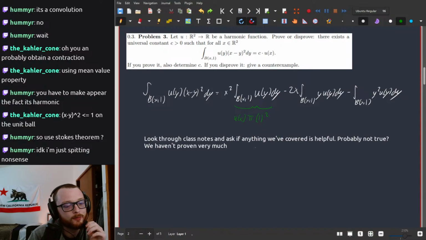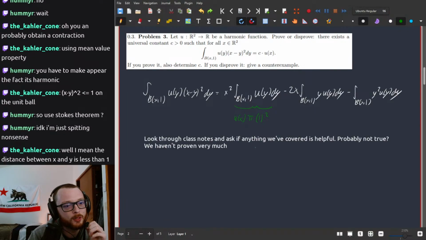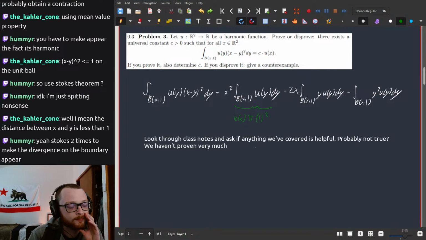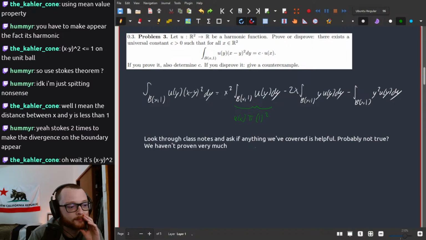Actually, wait. u of y. No, never mind. If u of y is a scalar, x and y must also be scalars? Have I just been thinking about this wrong? Yeah, the parentheses.